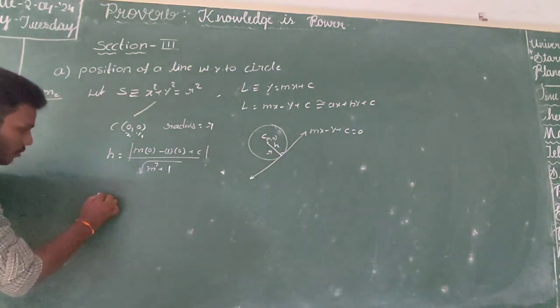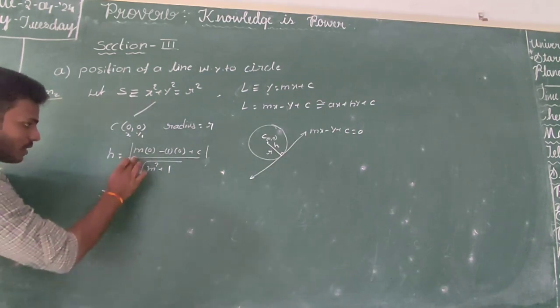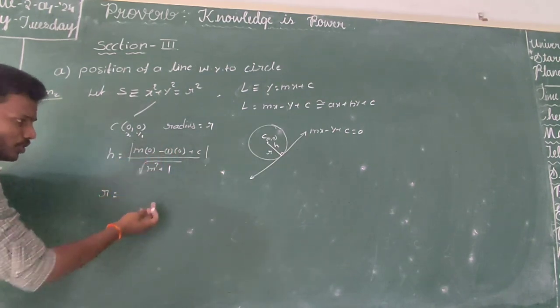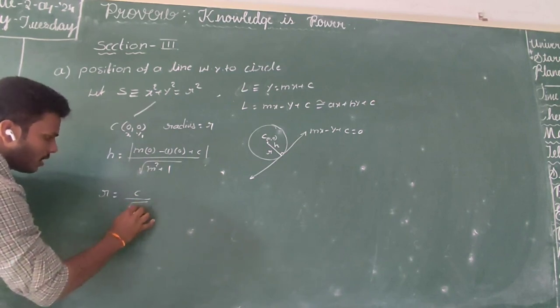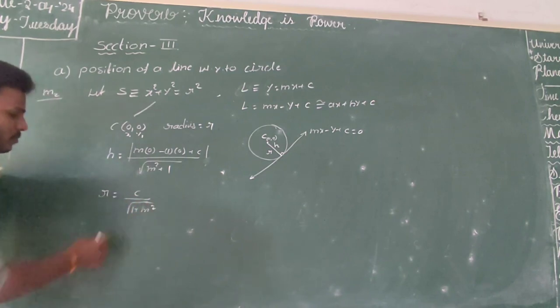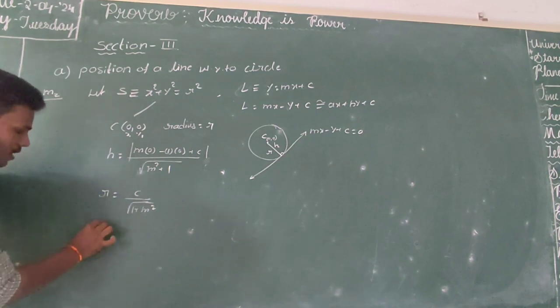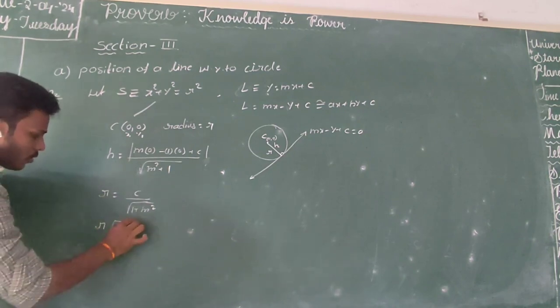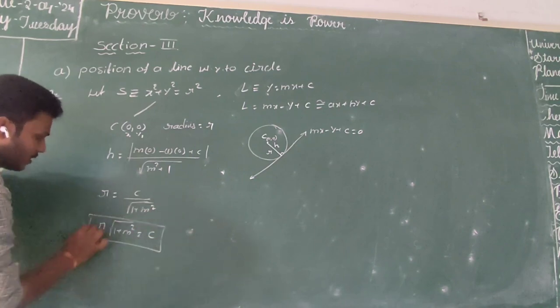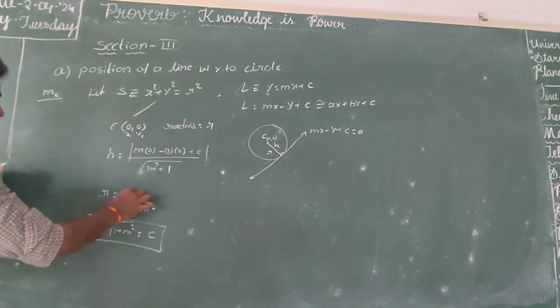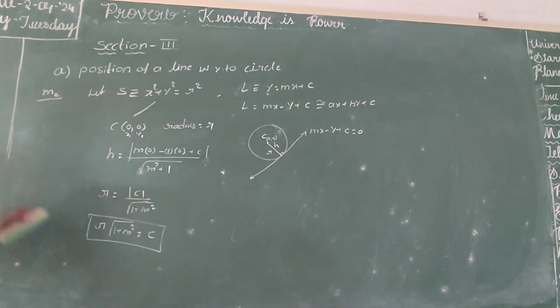Then r is equal to mod c by root over 1 plus m square, since m into 0 and 1 into 0 vanish. That's why r into root over 1 plus m square equals c. That is the value of c, which may be plus or minus.